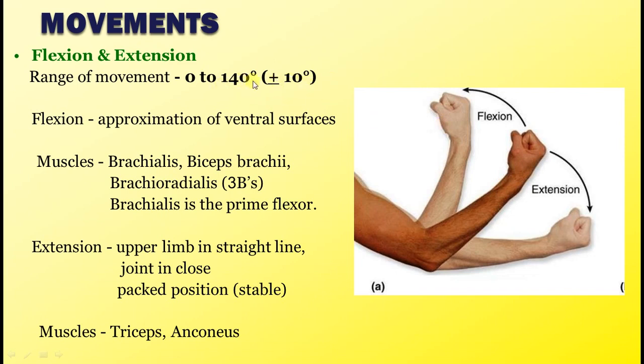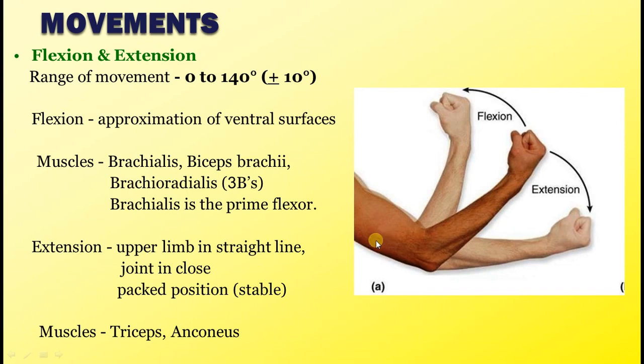Naturally, at most it can go up to 150 degrees. So flexion is actually stopped by the approximation of the two surfaces, that is your ventral surface of the forearm and the ventral surface of the arm. When they both approximate, then naturally the flexion is not possible beyond that.